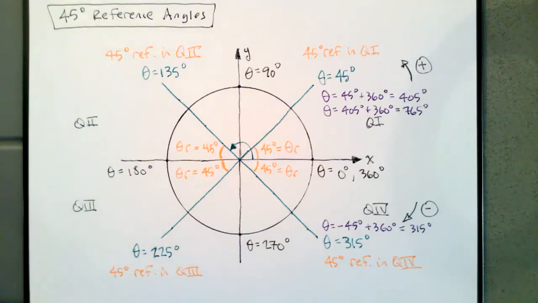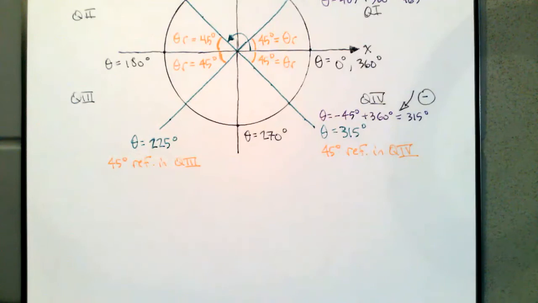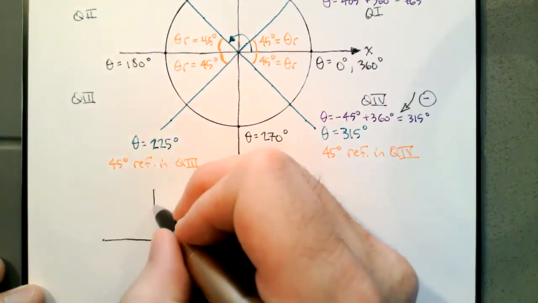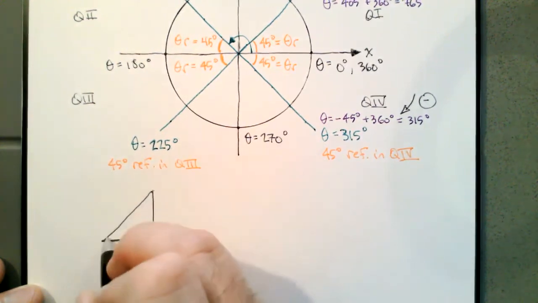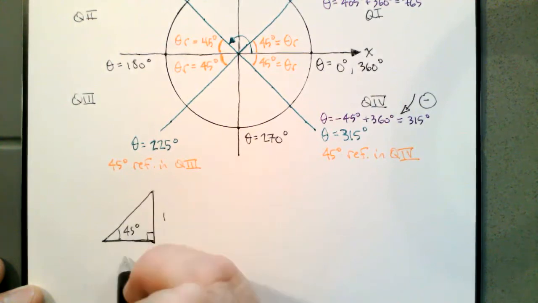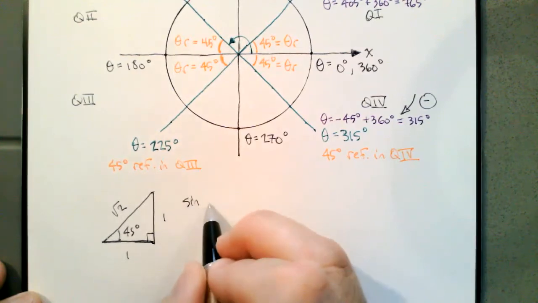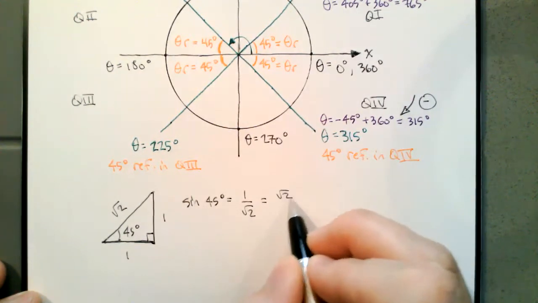So we know that with this 45-degree angle, from an isosceles right triangle, sine of 45 and cosine of 45 are both square root of 2 over 2. So if we build our isosceles right triangle, we know that sine of 45 is 1 over the square root of 2, which we were writing as root 2 over 2.